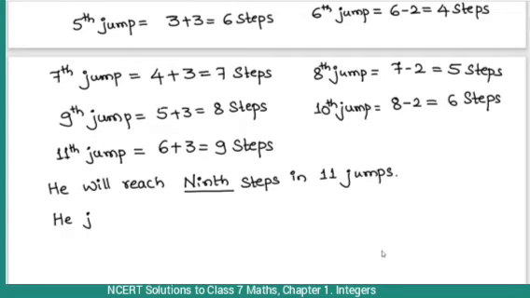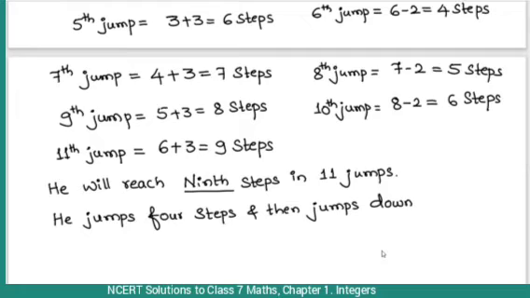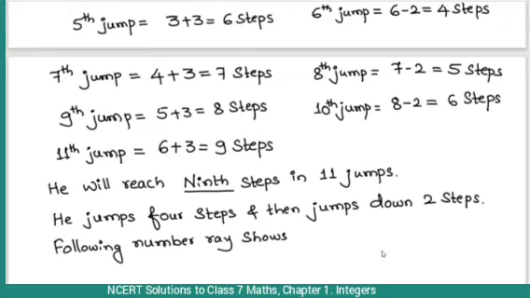Second question. This one is the second one. He jumps 4 steps and jumps down 2 steps. For this one, we will draw the following number array which shows the jumps of the monkey.